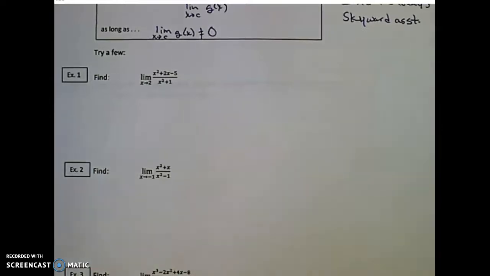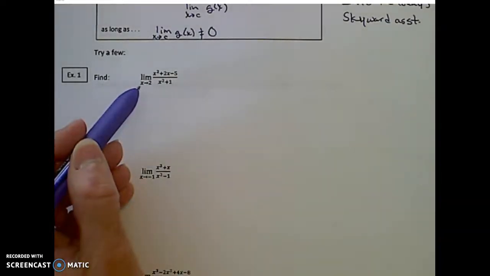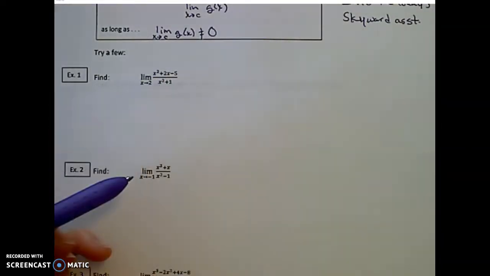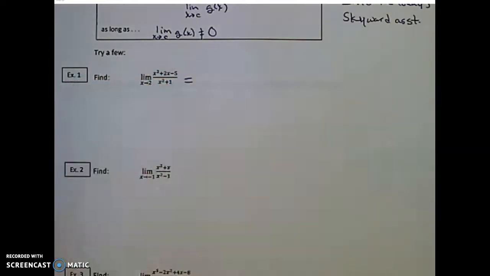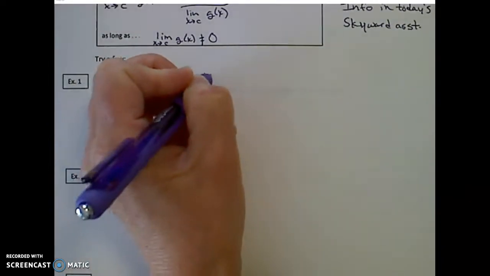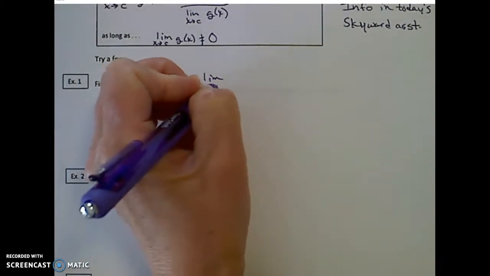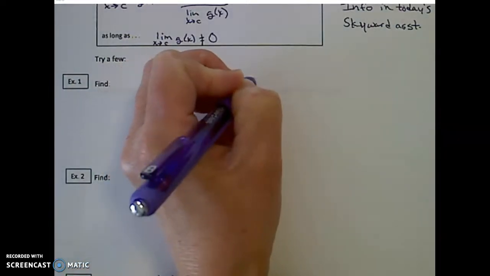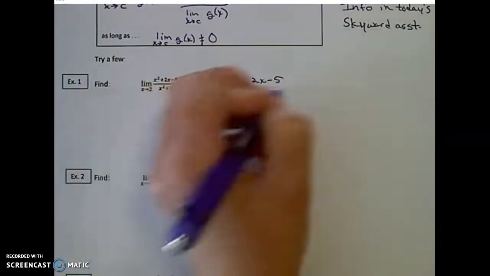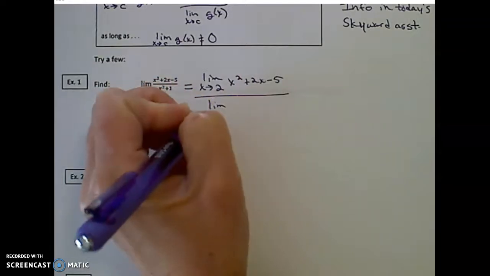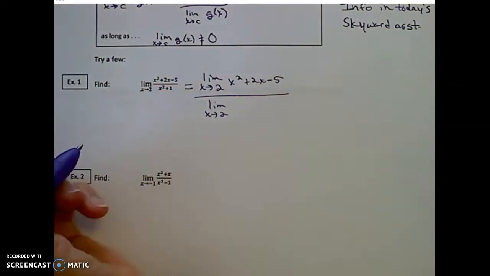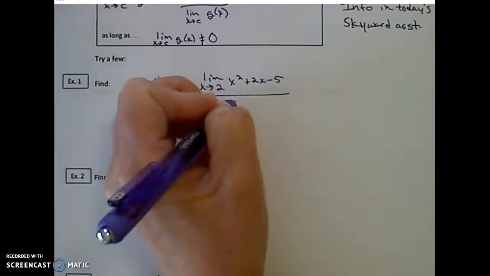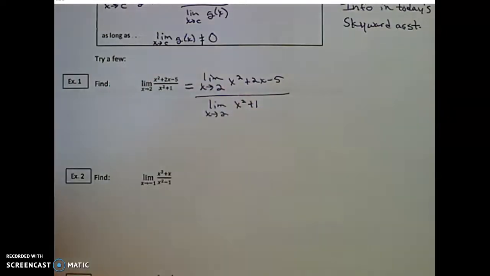Alrighty, let's see, find the limit as x approaches 2 of this quotient. That is the same as, from up above, the limit as x approaches 2 of that function in the numerator, x squared plus 2x minus 5, divided by the limit as x approaches 2 of that function in the denominator, which is x squared plus 1.